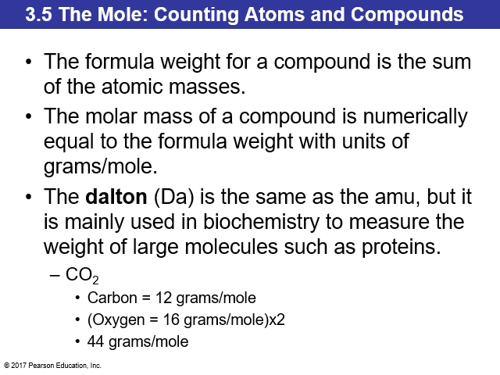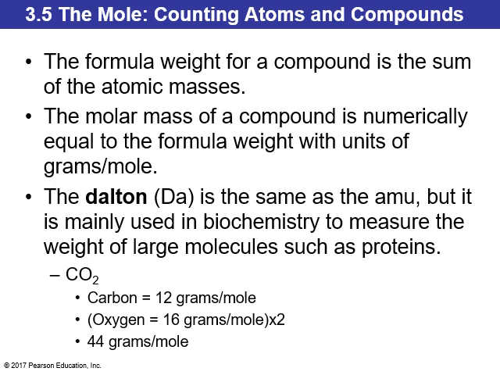So for 1 mole of CO2, I would have 12 grams of carbon because the molecular weight of carbon is 12 grams per mole. Molecular weight, molar mass, same difference. Oxygen, if you look at the periodic table of elements, is 16 grams per mole, but I have 2 of them, so that gives me 32.